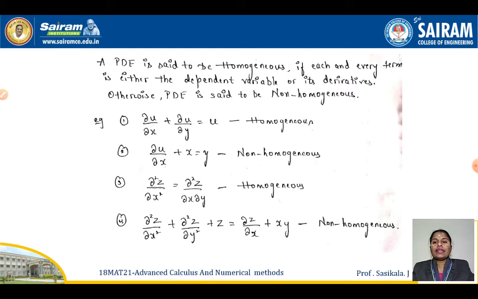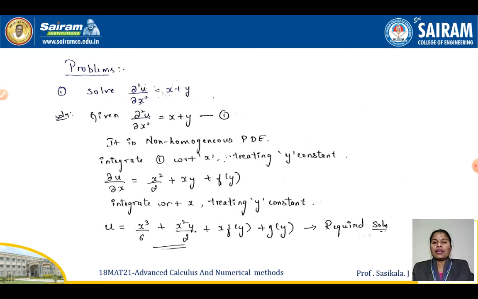Now we'll go with the solution part of the non-homogeneous equation. The first question: solve dou squared u by dou x squared equal to x plus y. First thing, we are going to do direct integration. It is a second-order partial derivative with respect to x, so we are going to integrate twice with respect to x alone. First, integrate equation number 1 with respect to x, treating y as a constant.